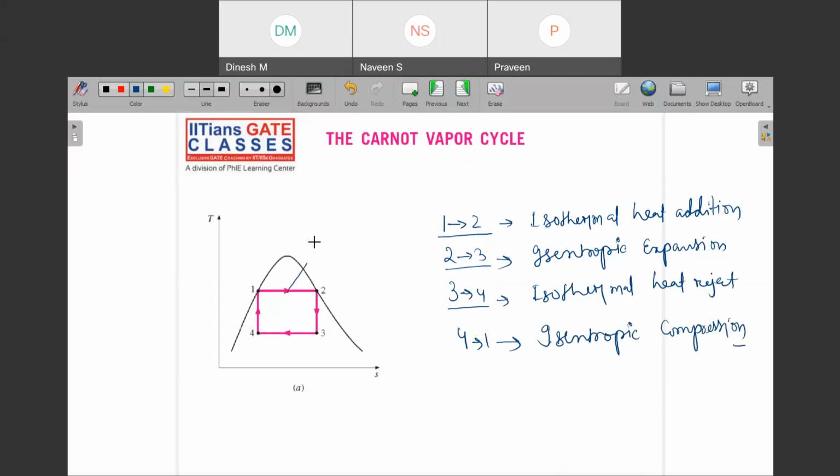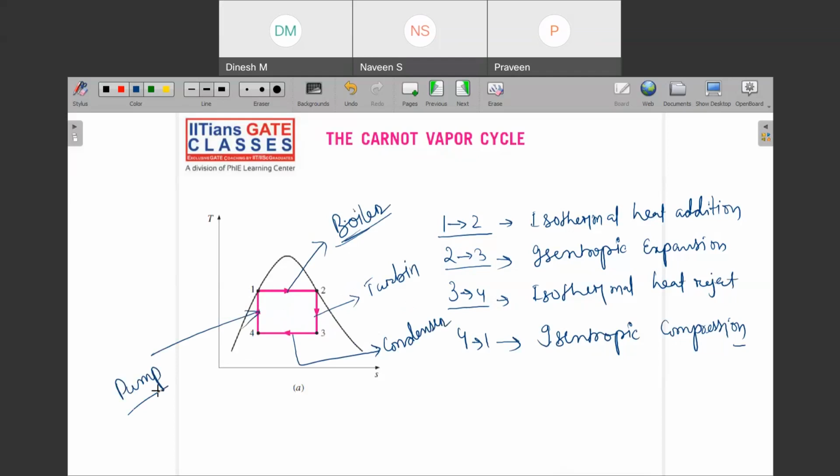This part is called the boiler part, or sometimes the economizer. No, this is the boiler only, not the economizer. This is the turbine part. This is the condenser part. And this is the pump part, through which you are pumping the fluid.